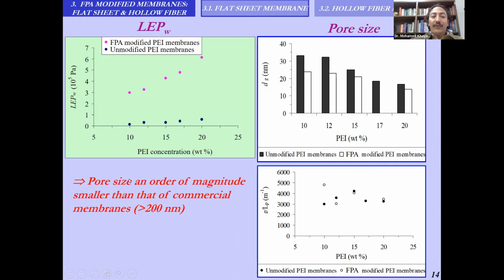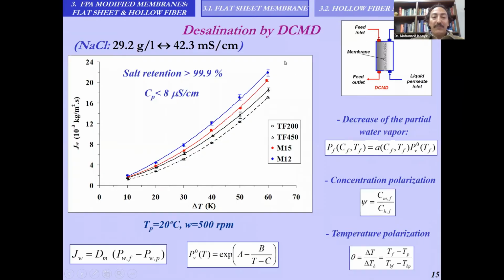This is an order of magnitude smaller than the pore size of the commercial membrane. But surprisingly, when we use these membranes in direct contact membrane distillation for desalination, we observe that the permeate flux of these modified membranes is higher than that of the commercial membranes, which were prepared for other purposes, as said before, for microfiltration.